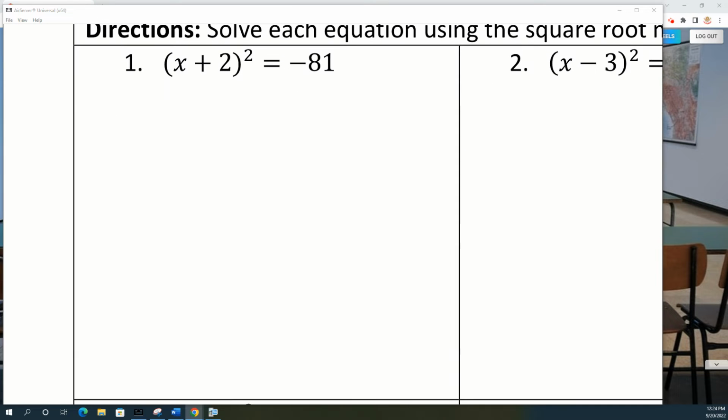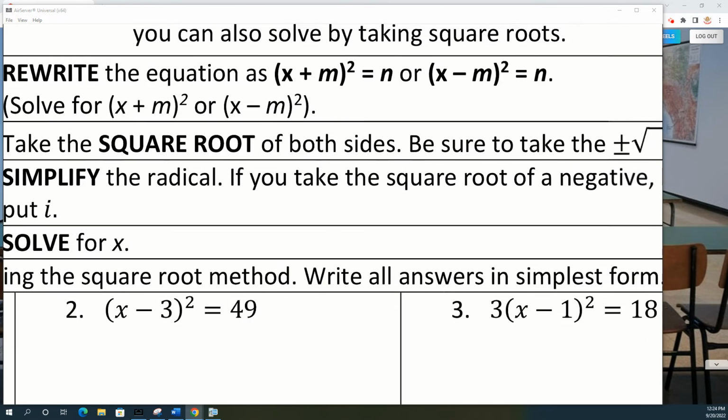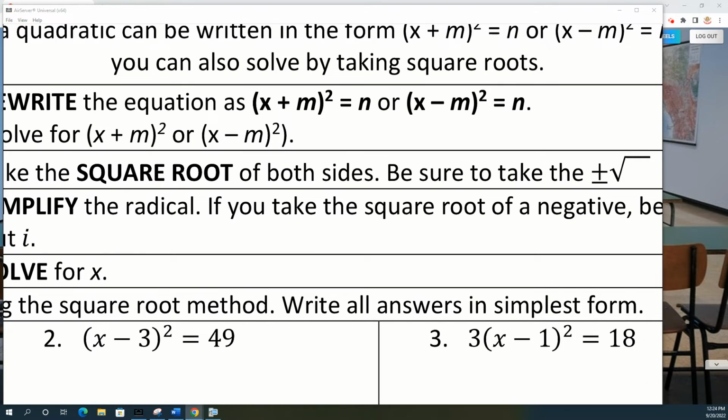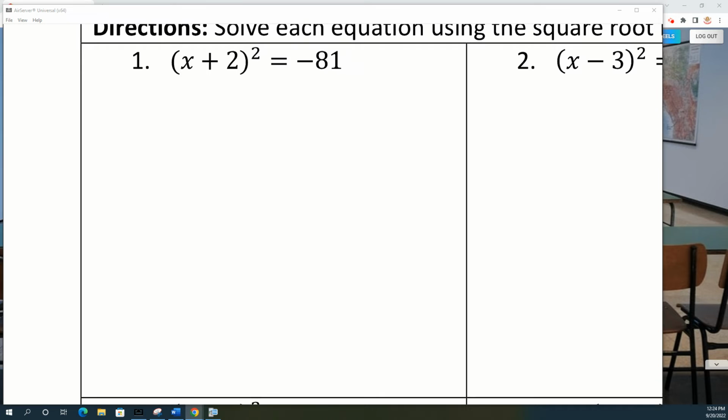Okay, so on number 1, our first step is to rewrite it so it's something squared equals a number. And I already have that. So I have this thing squared equals a number, so I can skip to step 2 where we're going to take the square root of both sides.